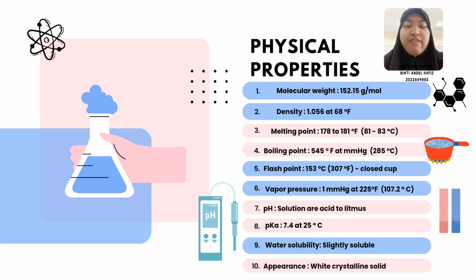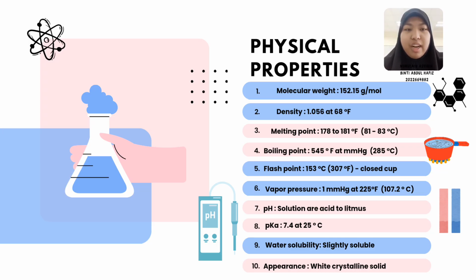Next is the physical properties of vanillin. The molecular formula for vanillin is C8H8O3 and the IUPAC name for vanillin is 4-hydroxy-3-methoxybenzaldehyde. The molecular weight for vanillin is 152.15 grams per mole and the density is 1.056 at 68 Fahrenheit.